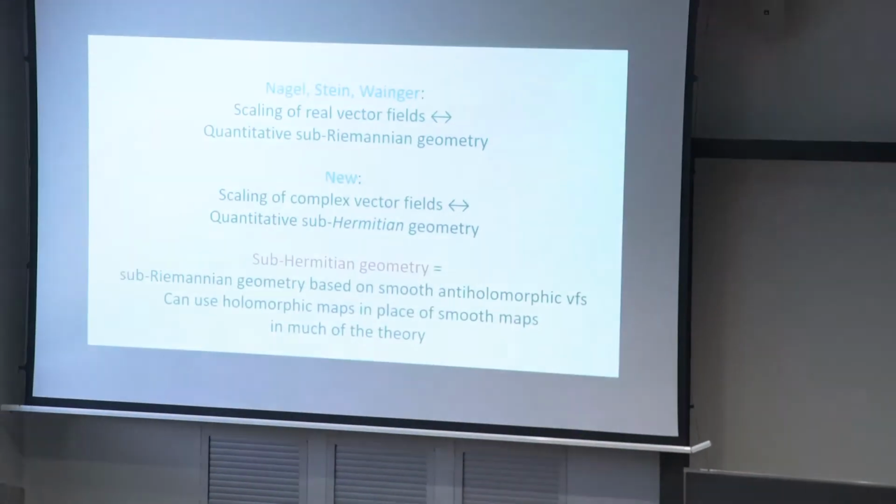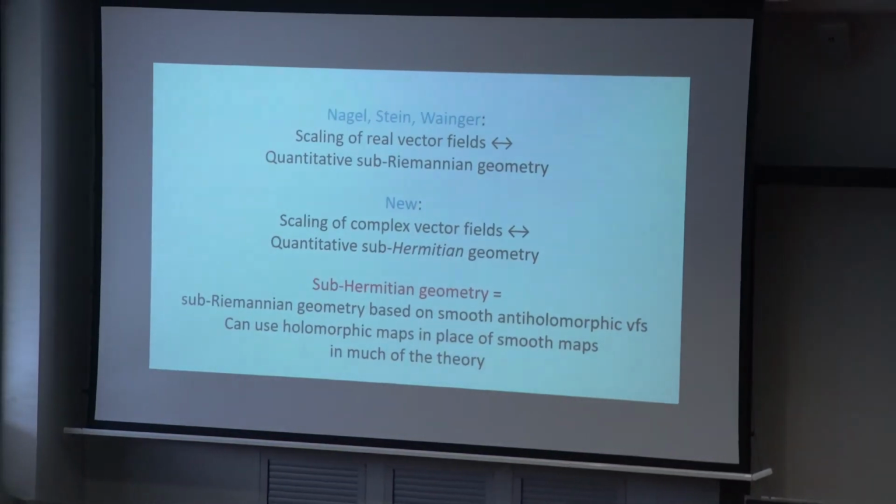All right, well, what is that, other than just something I made up? Sub-Hermitian geometry is, you want to make a sub-Riemannian geometry, but sub-Riemannian geometry is based on these real smooth vector fields. But let's say you're on a complex manifold, and you want to base sub-Riemannian geometry on, say, smooth anti-holomorphic vector fields. Well, now you can do it.